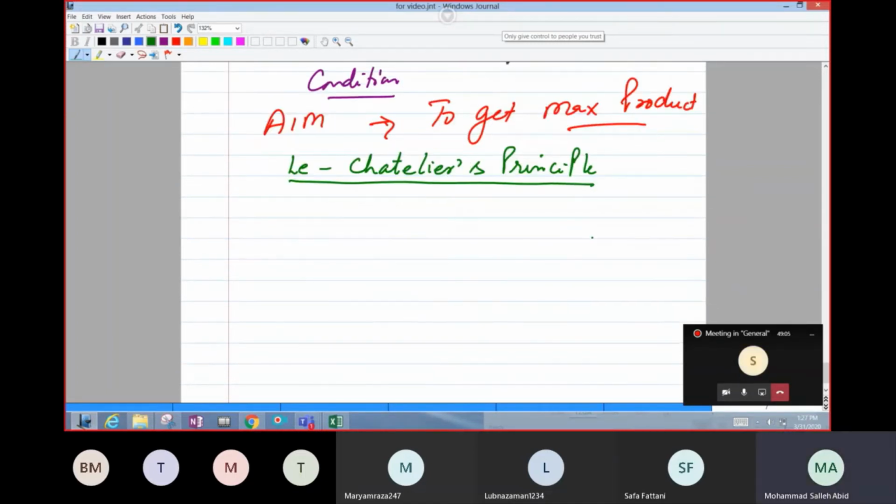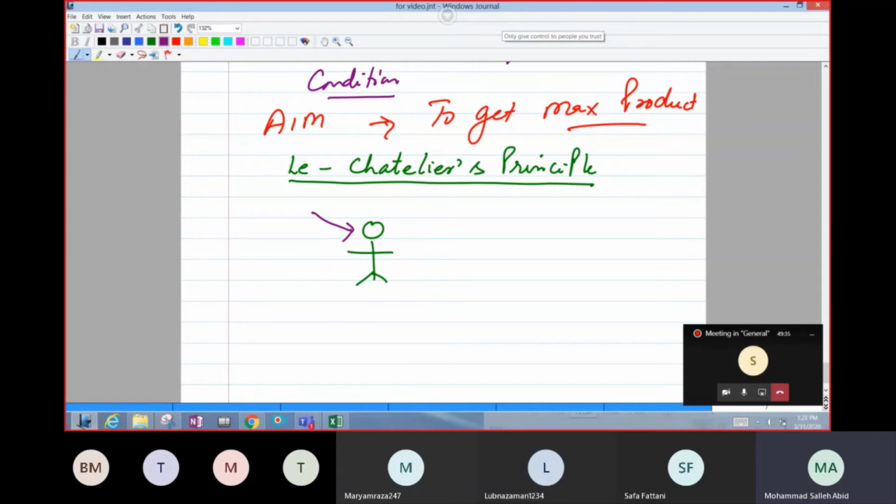Before I explain what it is, let's say you are standing over here. Someone comes and applies force over here. Tasneem, what will happen to you? What will you do? You are standing, someone comes and pushes you in the forward direction.